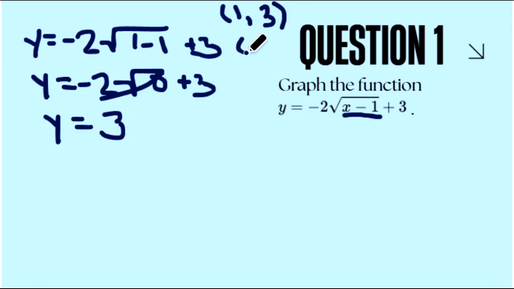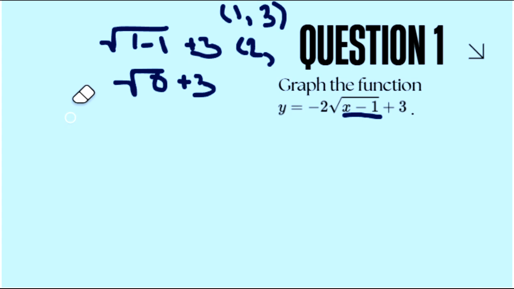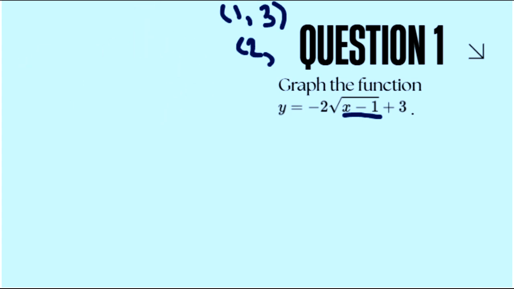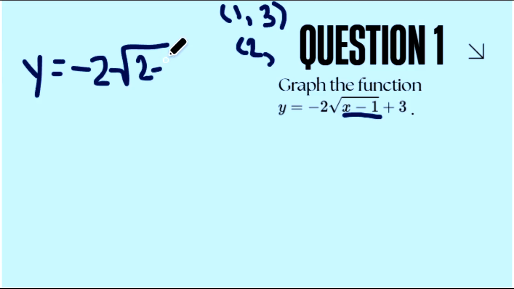Okay, let's do it for x equals 2. I'll erase this so I don't confuse you. I tend to make my math papers very messy because I know what I'm doing, but you probably can't follow my messed up brain. Y is equal to negative 2 times the square root of 2 minus 1, plus 3.